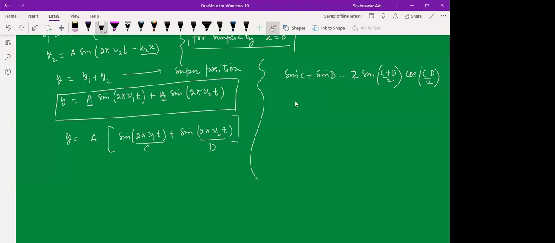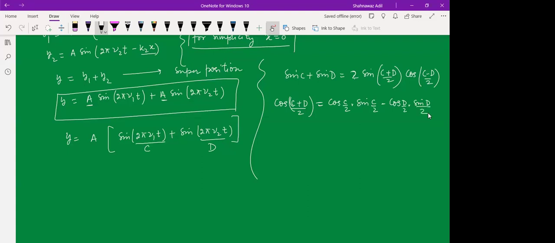So what would be cos of C plus D by 2? This would be cos of C by 2 into cos of D by 2 minus sine of C by 2 and sine of D by 2, right?